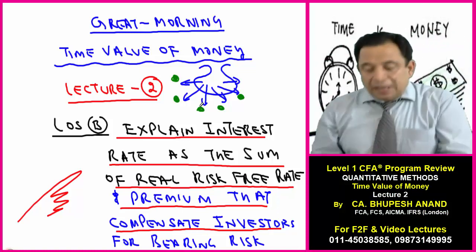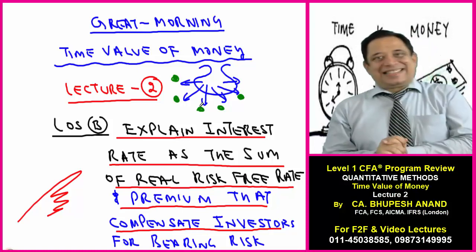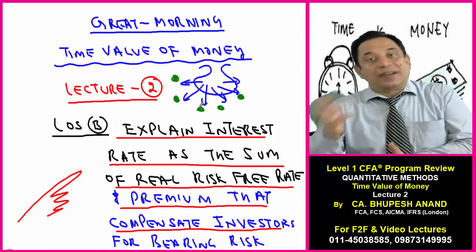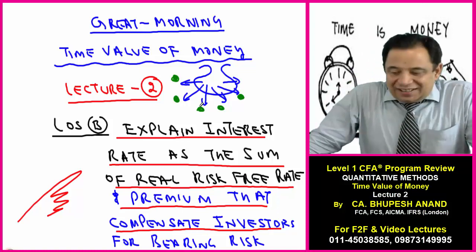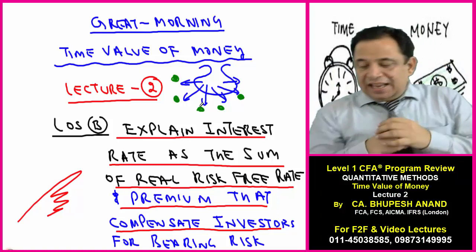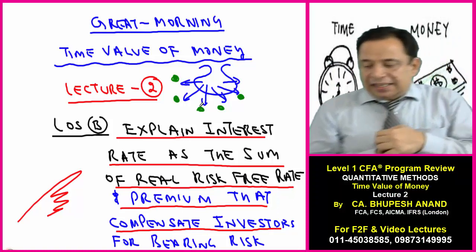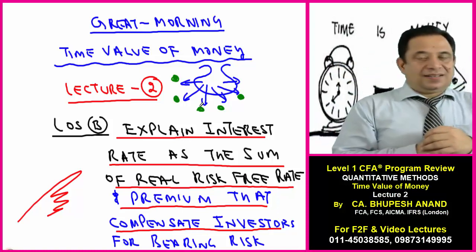Learning outcome number B: explain interest rate as the sum of real risk-free rate and premium, that compensate investors for bearing risk.